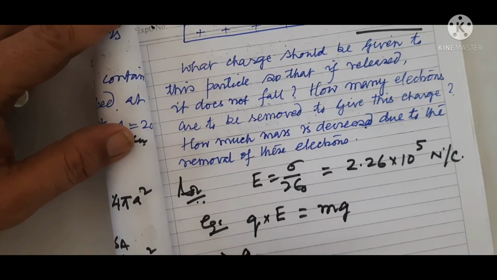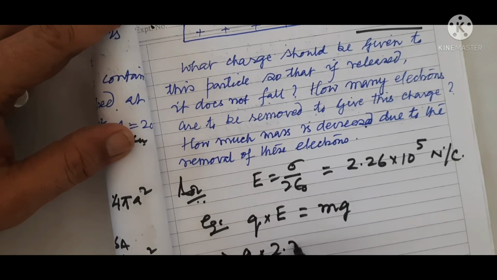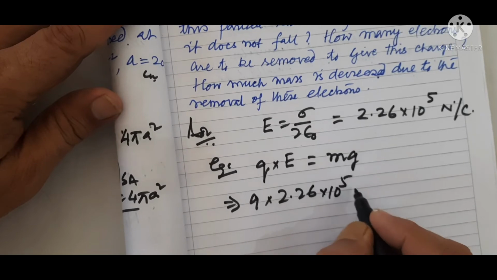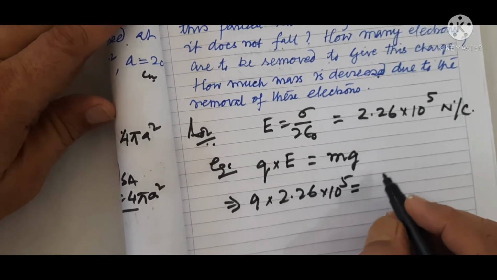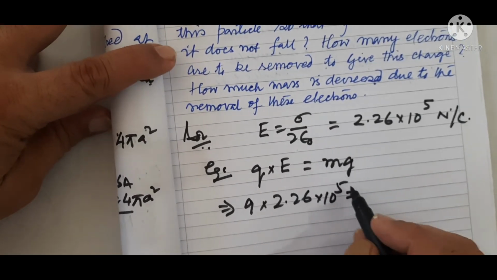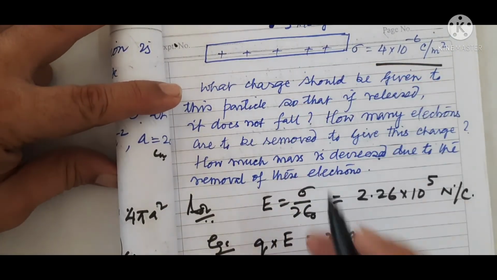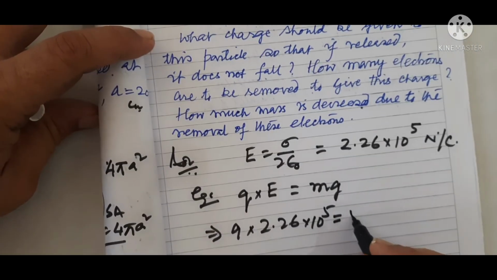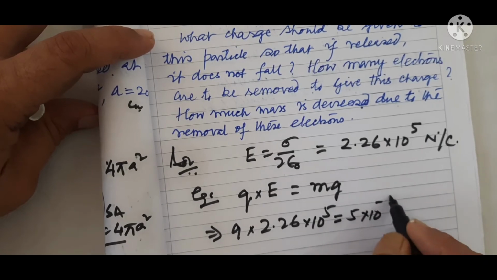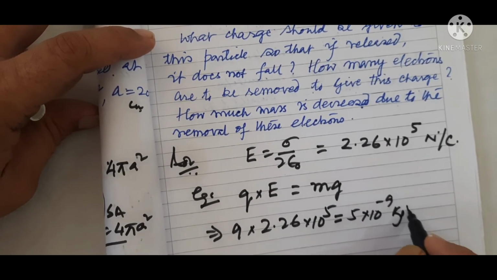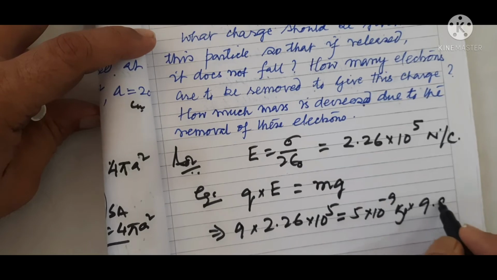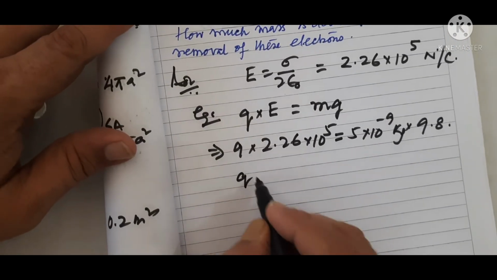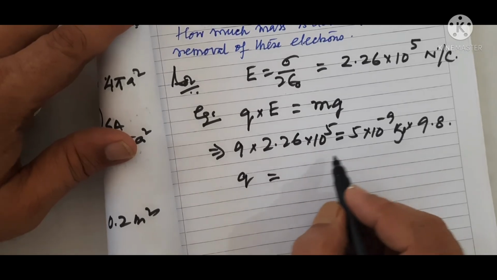So Q into E, where E is 2.26 into 10 to the power 5, is equal to m into g. The mass in gram we have to convert to kg, so that will be 5 into 10 to the power minus 9 kg into g, 9.8. So the value of Q you can easily find out.